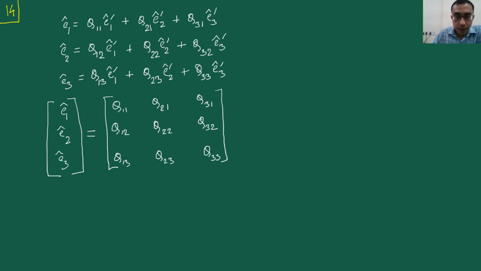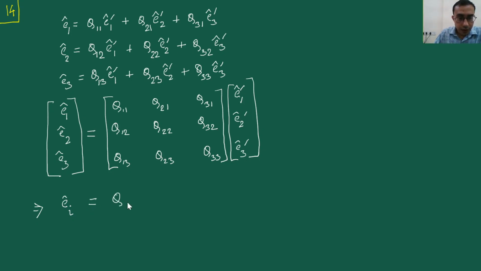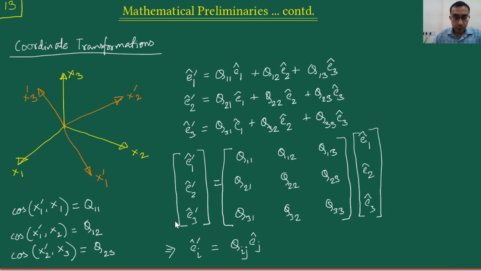This entire matrix multiplied with the E1 hat dash, E2 hat dash, E3 hat dash, and this entire relation is written as Ei hat is equal to Qji Ej hat dash. So please compare very quickly what we had written in the previous page here.